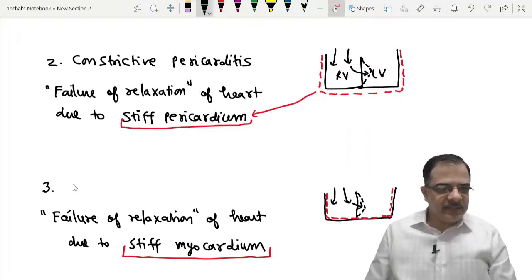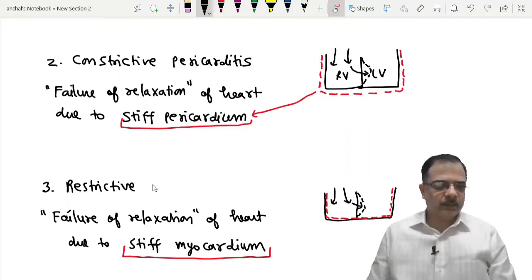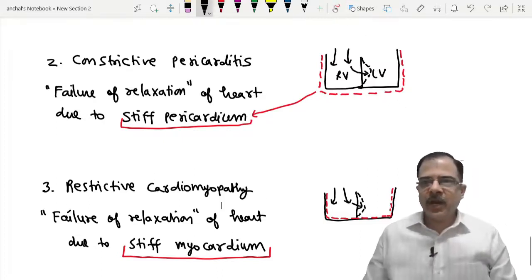Yes, this is a case of restrictive cardiomyopathy.